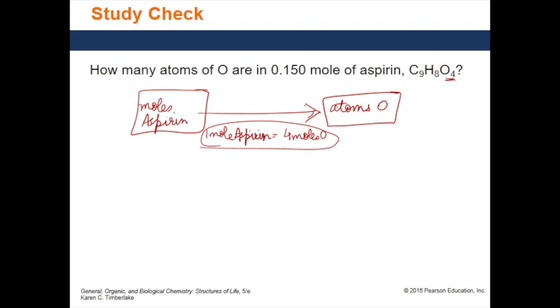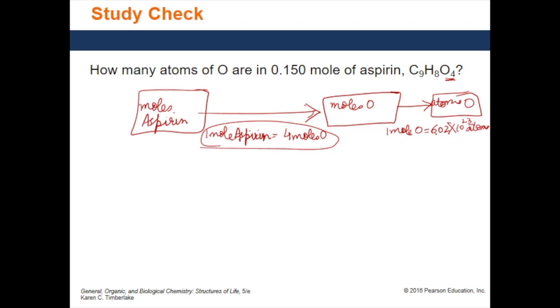We cannot directly go from moles to atoms. We will convert moles of aspirin to moles of oxygen first, and then once we know moles of oxygen, we can go from moles of oxygen to atoms of oxygen, because we know that 1 mole of oxygen is 6.02 times 10 raised to power 23 atoms of oxygen.